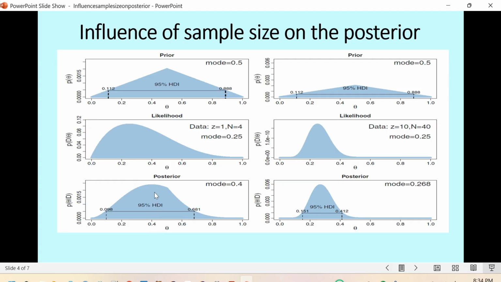So the mode of the posterior is between the prior and likelihood modes. In a small data sample scenario, the mode of the posterior is relatively close to the prior. In the large data sample scenario, the posterior mode is very close to the likelihood mode. So here 0.25 and here almost 0.28, far away from the prior mode.